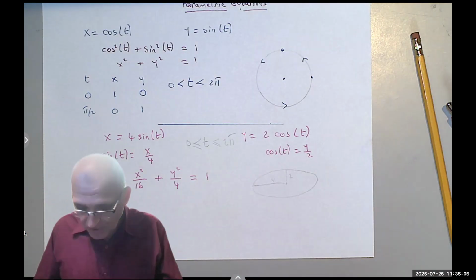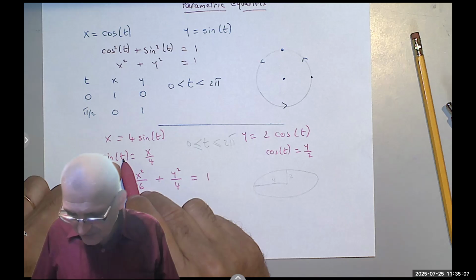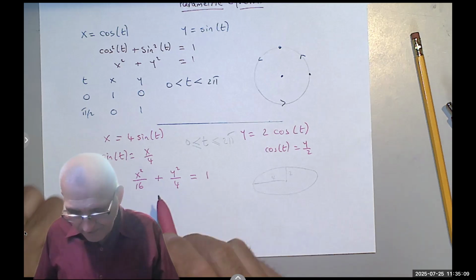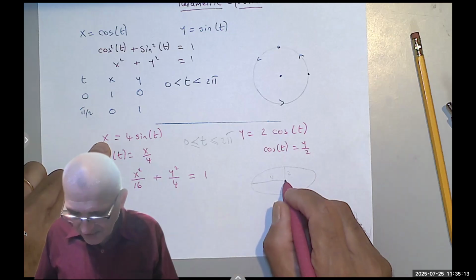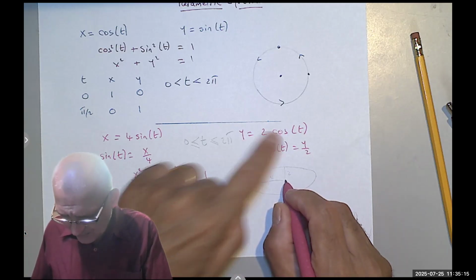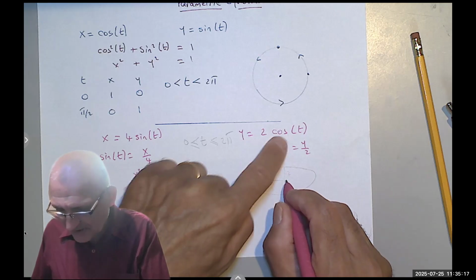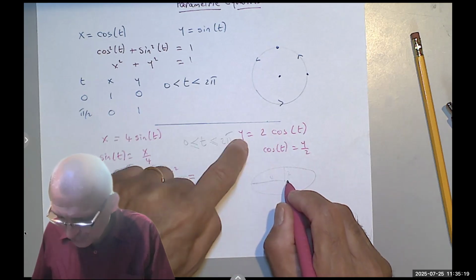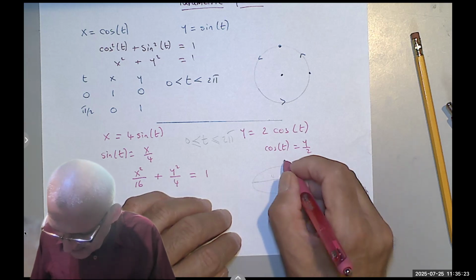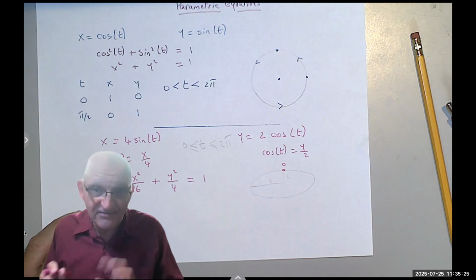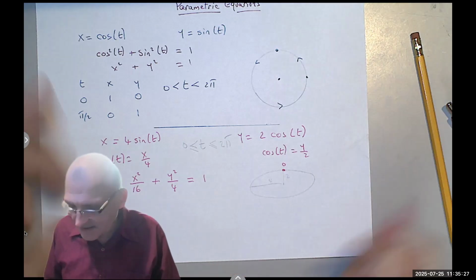Okay, so at t equals 0, x is 0. So I am here. But at t equals 0, cosine t is 1 times 2 is 2. So I am here. So here, let me write 0, for the t value, which is the angle in this case.